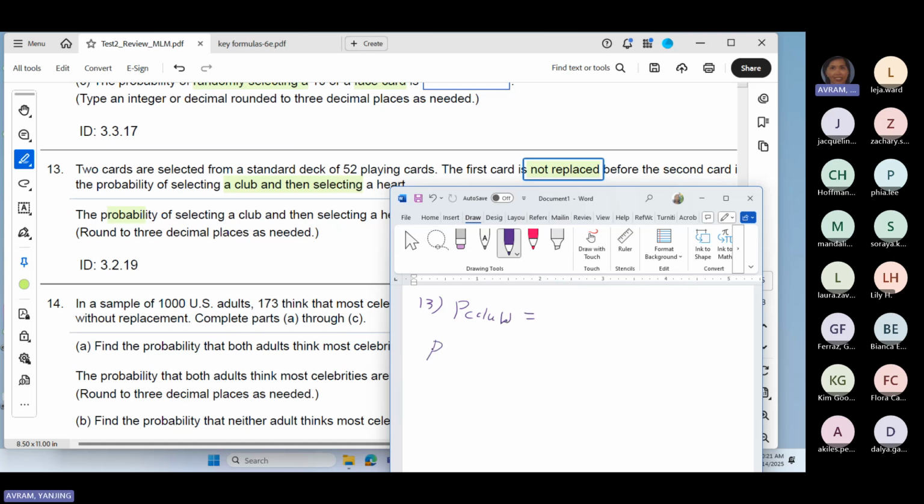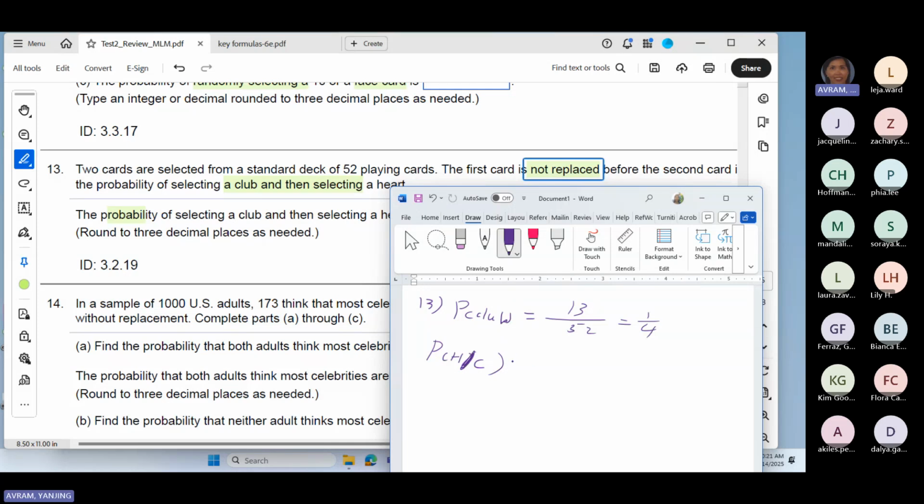And then we're going to go to the probability of selecting a heart, given the club is already out. Okay, probability of selecting a club here. How many clubs do we have? We have 13 out of 52. Basically, if you simplify this one, it's 1 out of 4.